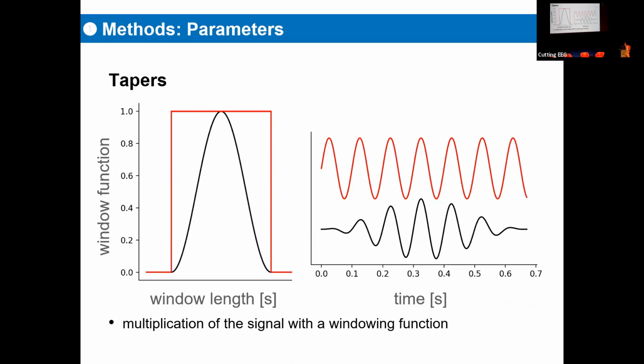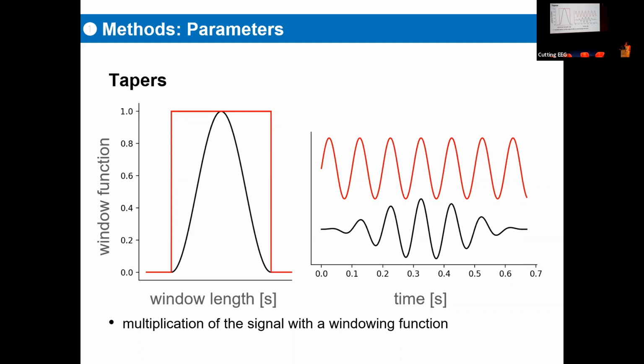And this will cause edge effects, because if you imagine you fit this signal with a sine, it would fit perfectly except this part, okay? And for this part, you would need an additional basis function to fit it properly. So to deal with these edge effects, edge artifacts, we use a taper.